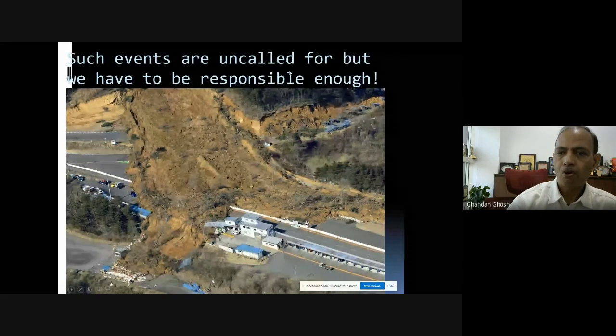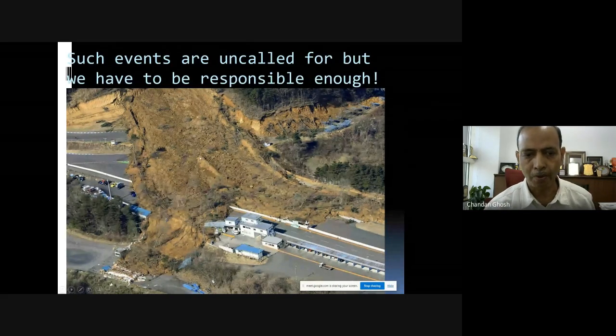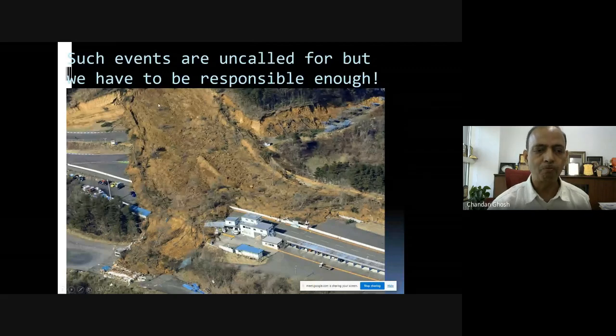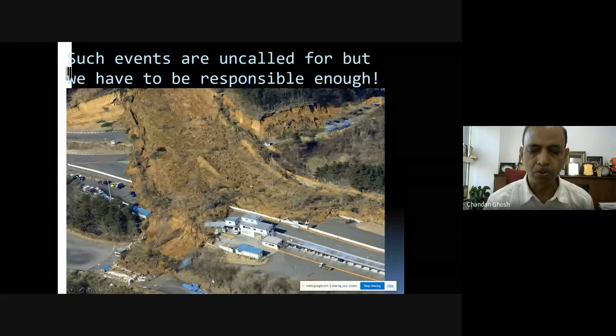such events are uncalled for, but we have to be responsible enough to ask why we didn't have any kind of early warning system and why we didn't have some kind of monitoring system in place. After all, considering the investment made in building this kind of roads or infrastructure, and while cutting the hills, we are totally responsible.